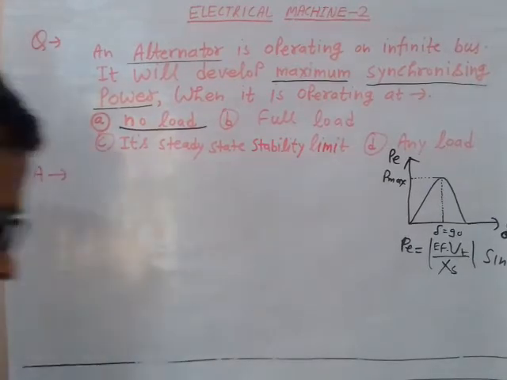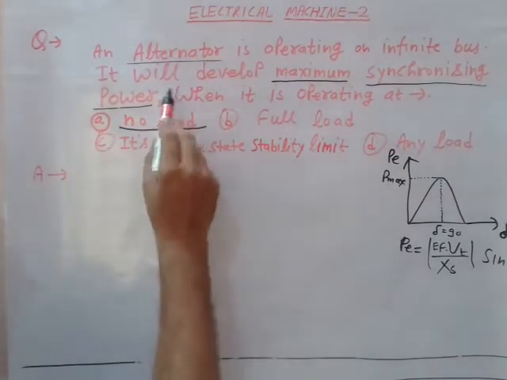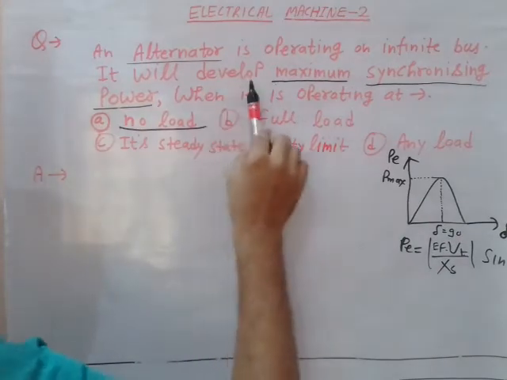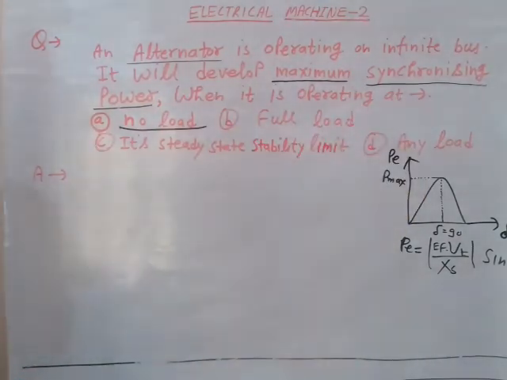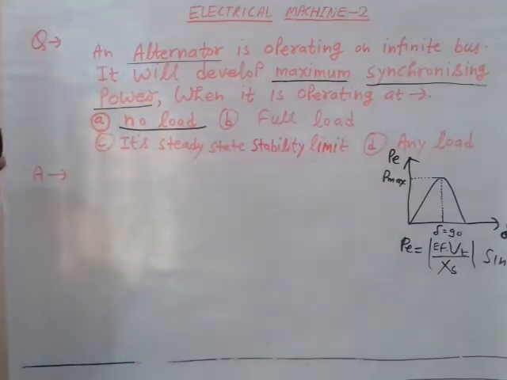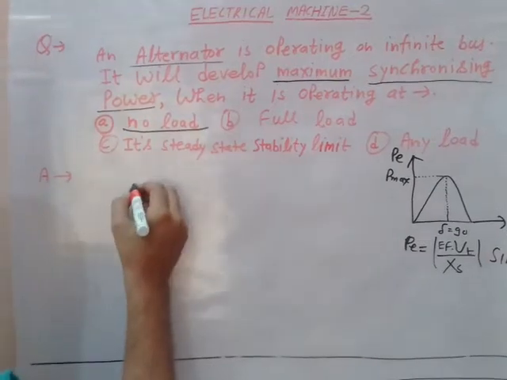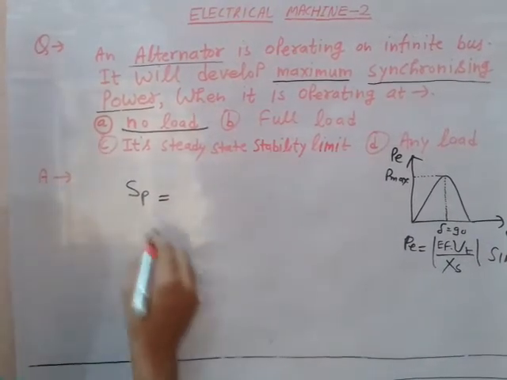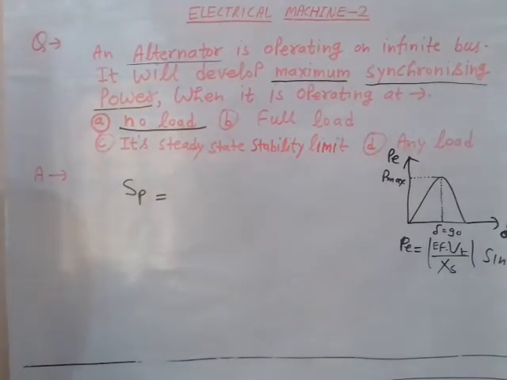So for synchronizing, he is asking you to calculate at what load the maximum synchronizing power will occur. You know that for maximum synchronizing power, the synchronizing power coefficient will be maximum.